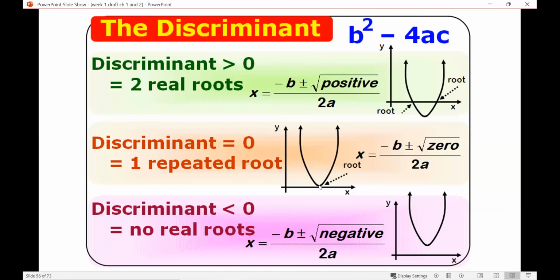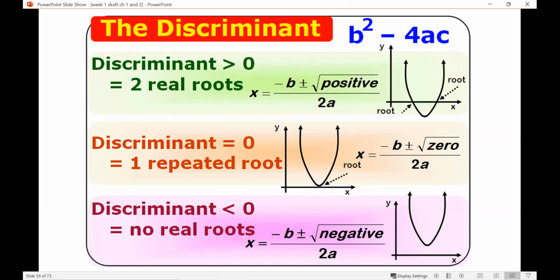That's when our parabola just touches the x-axis once. And if our discriminant is less than 0, meaning a negative number, then both our roots are going to have imaginary pieces, and we're going to have two solutions, but they're going to be imaginary numbers because our quadratic equation doesn't actually ever cross the x-axis if we were to graph it in 2 dimensions.